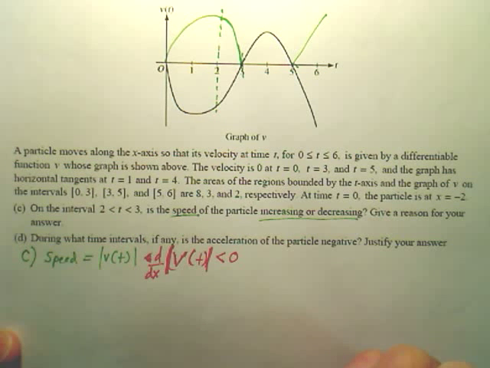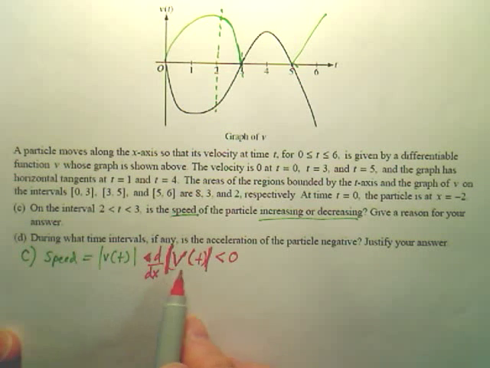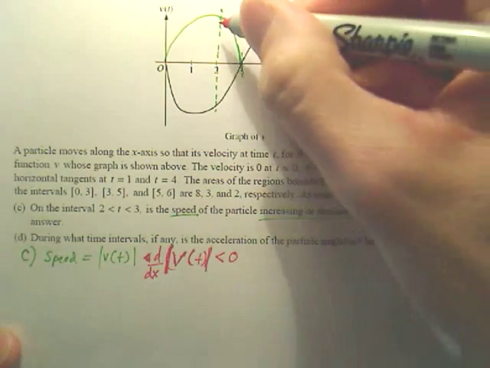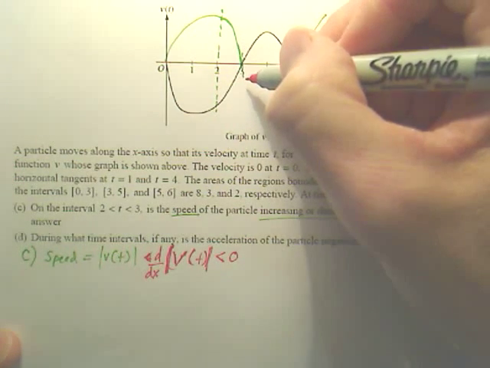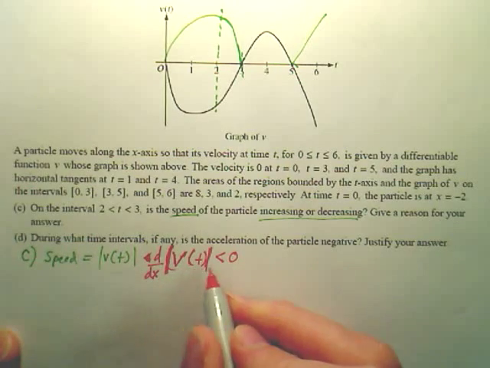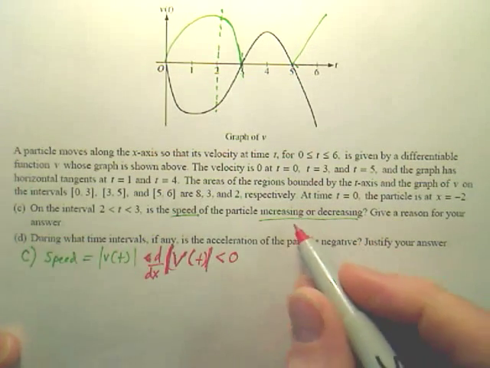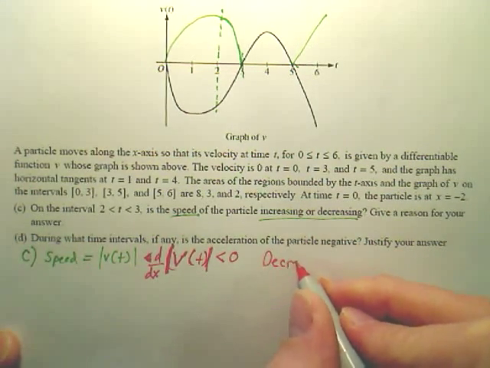Isn't the derivative negative? The derivative of the absolute value of velocity is negative right here. Thus, if the derivative of the absolute value is negative, that means it is decreasing.